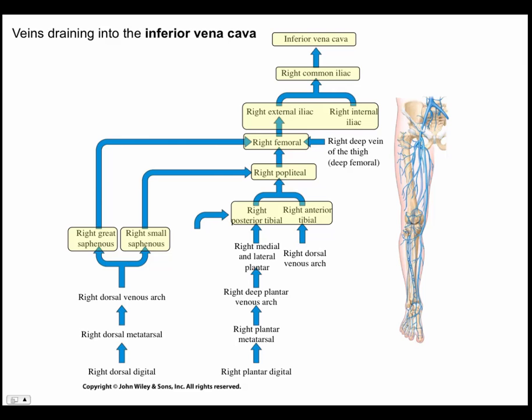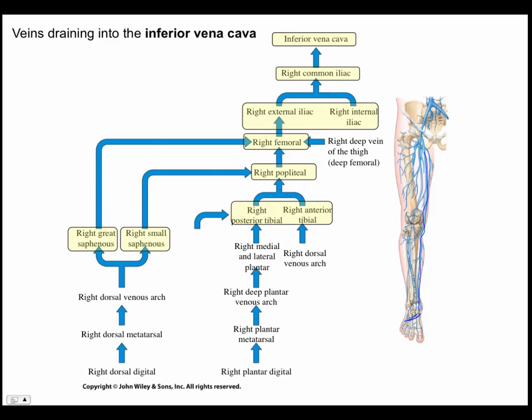Let's take a look at this lower limb. And so from this lower limb, you have a couple of veins you need to know. We have this great saphenous vein, which is this vein over here. And this great saphenous vein is the longest vein that you have, and it's going to drain the superficial regions of your legs. And we're going to bring it all the way from this dorsal venous arch down to your femoral vein.